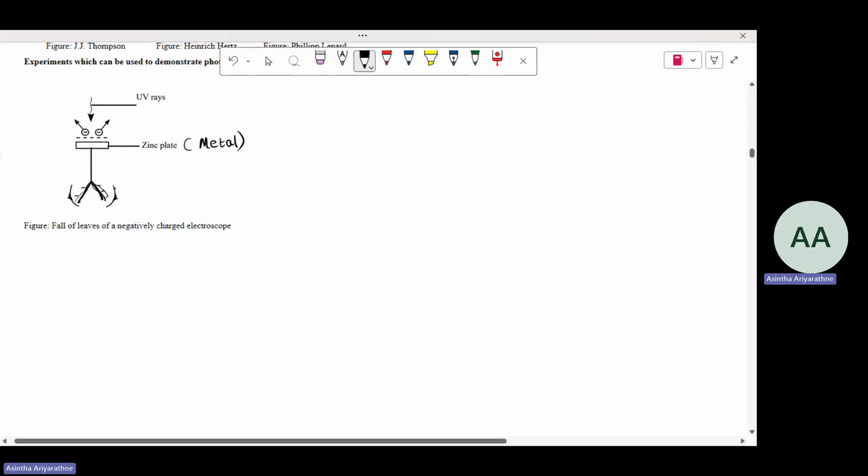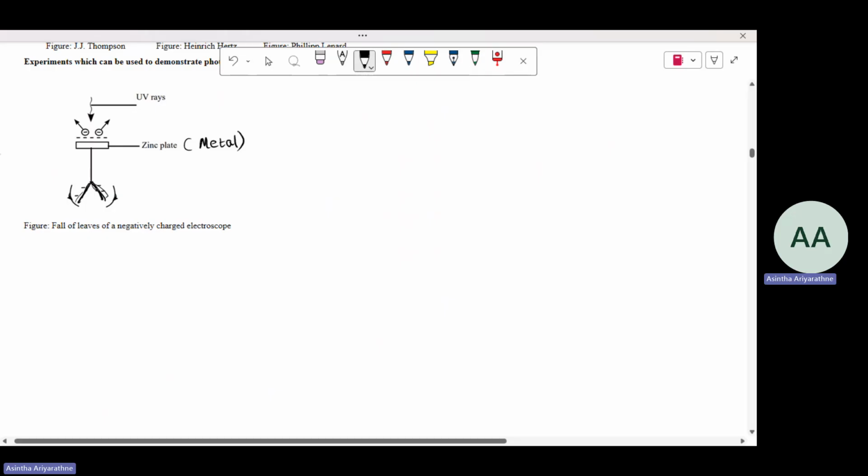When this is idle, without any UV rays falling on the zinc plate, these leaves diverge, spreading away from each other due to the negative charge. We know from electrostatics that like charges repel, whereas unlike charges attract.